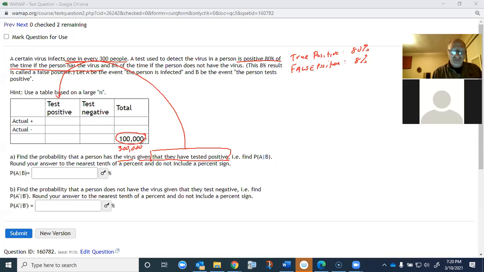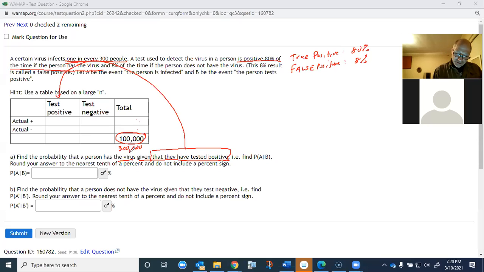I like to use really large numbers because then it kind of guarantees that I'll get whole numbers here. You don't have to use large numbers. You could have used 300, but the numbers here are going to start to become fractions or decimals. And then, it's just easier to make arithmetic mistakes. So, they're bigger numbers, but you don't get decimals if you use a big number like 300,000.